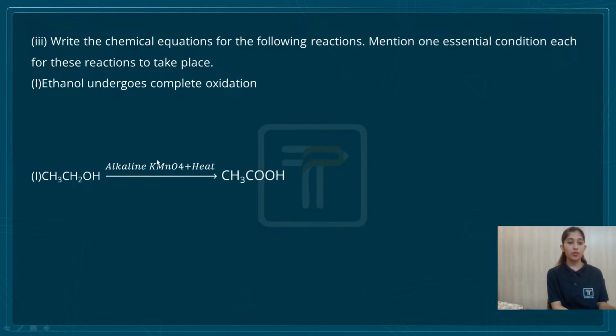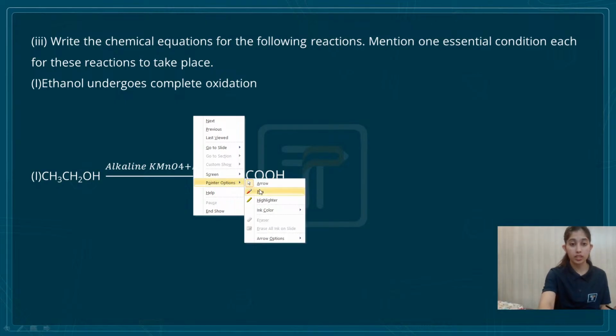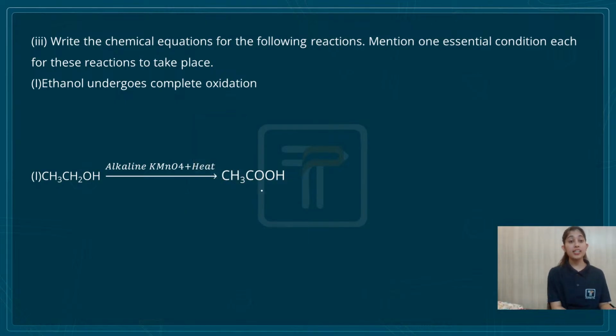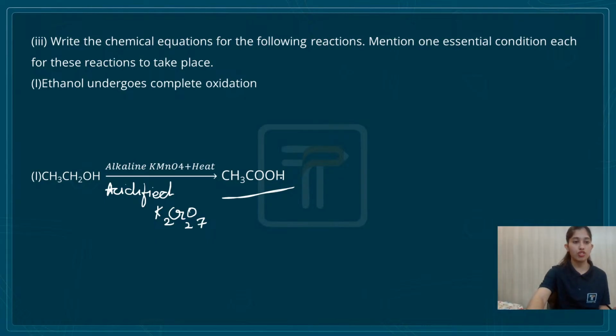So either you write alkaline KMnO4, that will also going to work, or write acidified K2Cr2O7. Yes, and it is going to convert into ethanoic acid. Basic reaction.